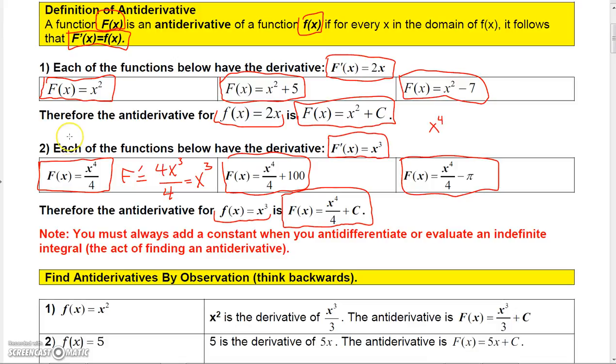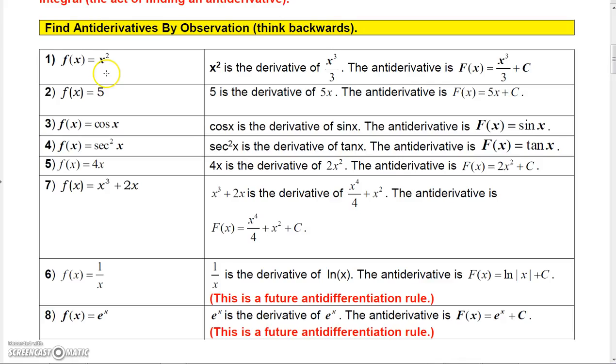You're not able to find the constant unless you know additional information, and we'll see problems later where you can actually determine what the constant is. So right now, let's just try to find antiderivatives by observation. We know if you want to find the antiderivative of x squared, it's got to be something with an x cubed with it, because if you take the derivative of x cubed, you'll get an x squared term.